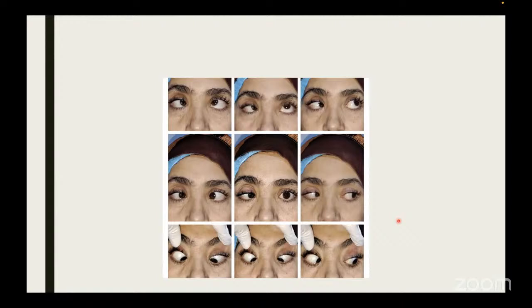Then in levoelevation, the right eye again has underaction. And in dextrodepression, the left eye again has normal action, but the right eye has underaction.